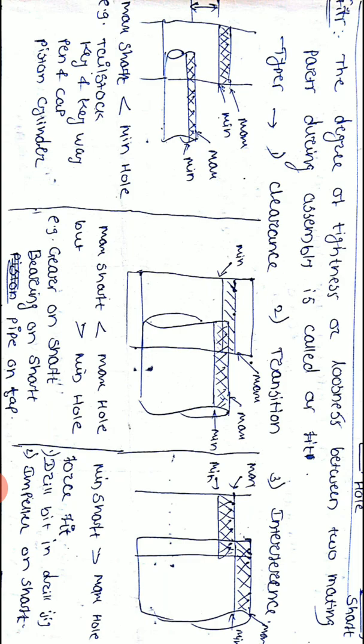During assembly of a shaft and hole, if the maximum limit of the shaft is less than the minimum limit of the hole, then it becomes a clearance fit. That means there is some clearance, and hence it is called clearance fit.